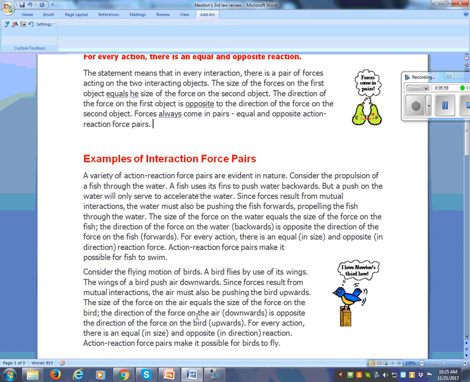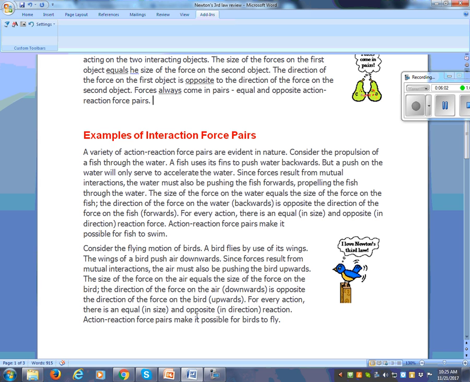Okay, so some examples. A variety of action-reaction force pairs are evident in nature. Consider the propulsion of a fish through the water. A fish uses its fins to push the water backwards. But a push on the water will only serve to accelerate the water. Since forces result from mutual interactions, the water must also be pushing the fish forward, propelling the fish through the water.